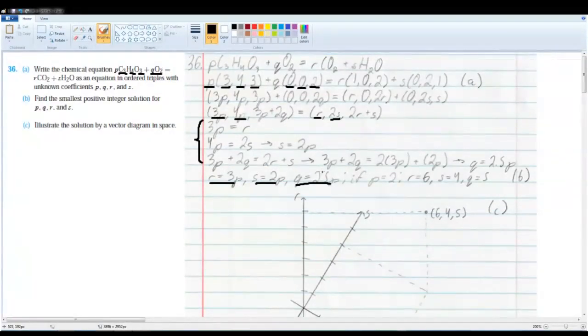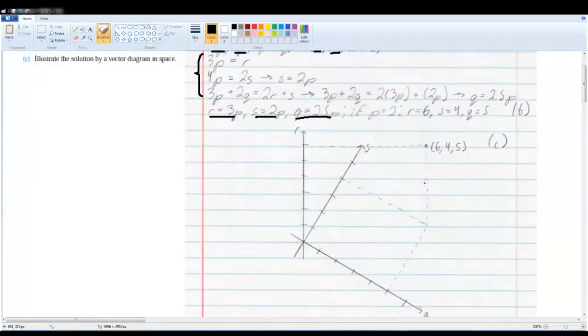So in this case, q is the only decimal or fraction, whatever you want to call it. So basically, if I multiply 2.5 by 2, I'm going to get 5. And so I basically set p to 2, and I solved that, and I have integer solutions for each unknown coefficient.